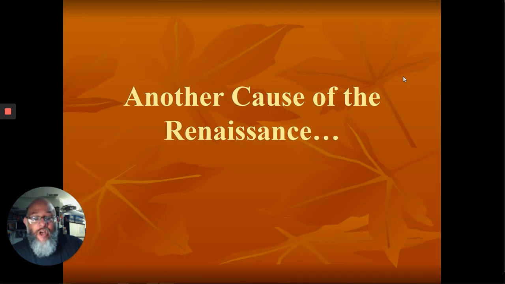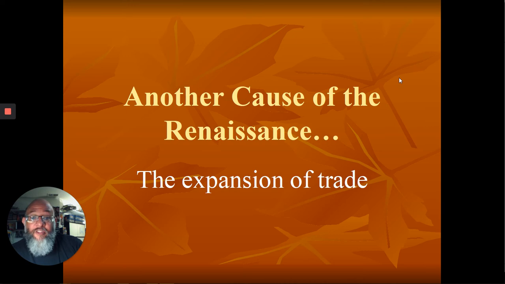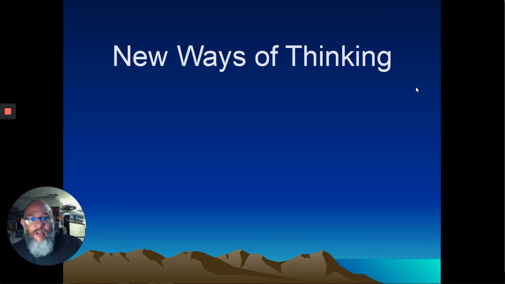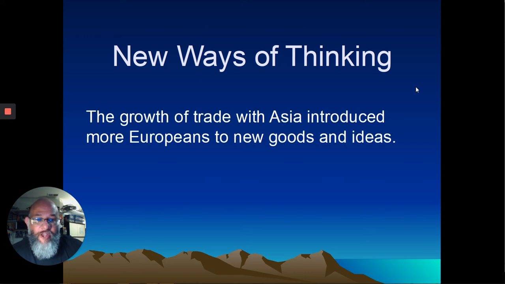So, another cause of the Renaissance, drum roll please, the expansion of trade. Okay? So, Europe changed, the expansion of trade. Another thing that really probably is one of the biggest causes of the Renaissance is new ways of thinking. The growth of trade with Asia introduced more Europeans to new goods and ideas.